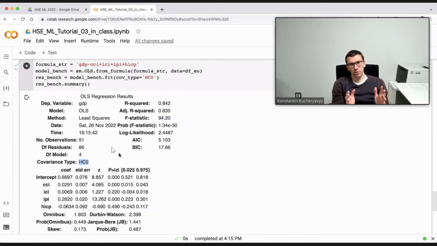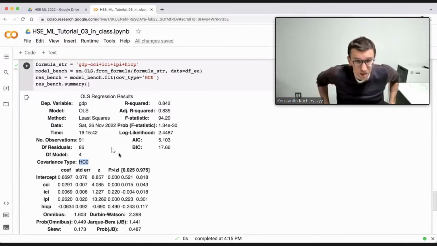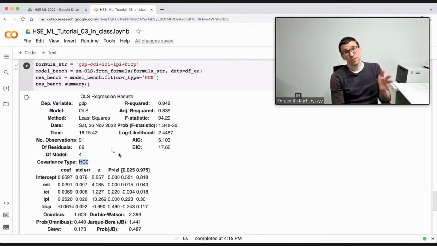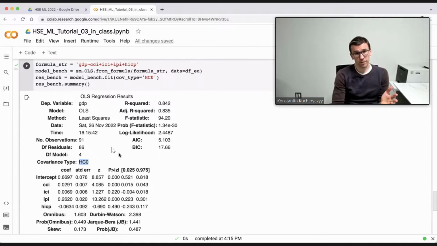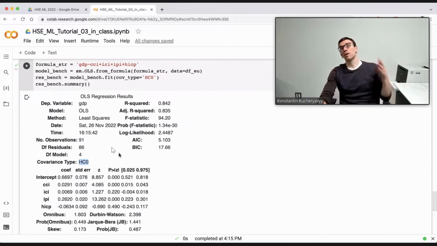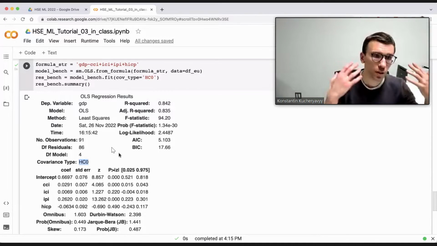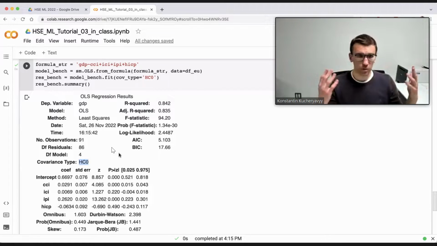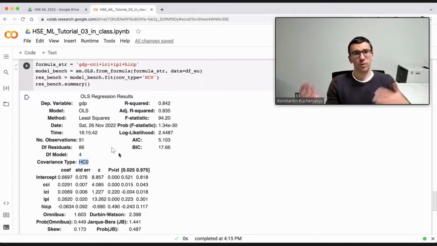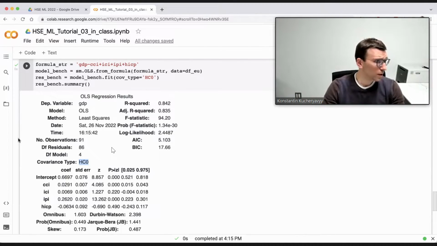If in levels you have heteroskedasticity, but in logs you don't, then perhaps the log model is the right model. You should also use some economic intuition to decide, but this is another way to look at your residuals.